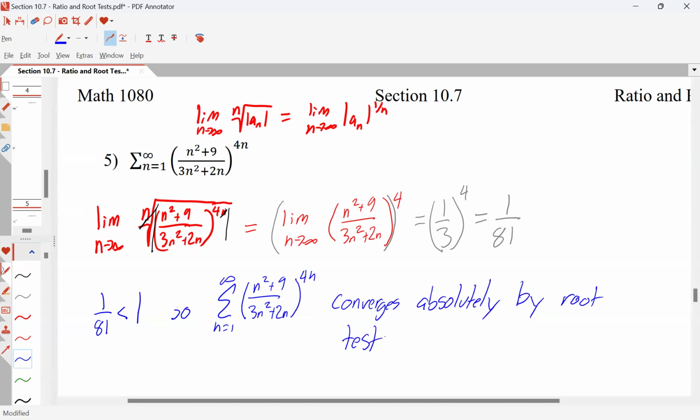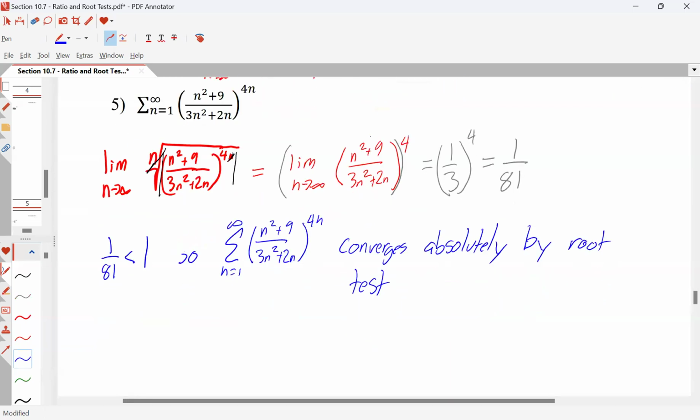So there is our first example. We want to look at that limit, cancel any exponent that we can, and then compare it against 1 to find if it converges or diverges.